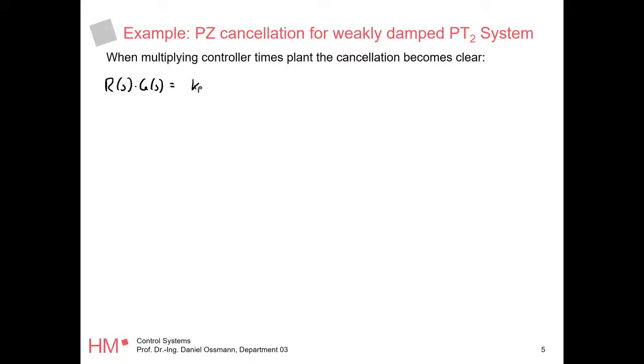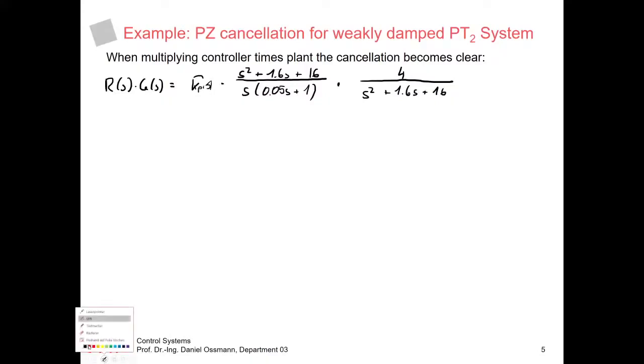We have K_PID times, we said, okay, in the numerator, we simply put the denominator of the system, S squared plus 1.6S plus 16, over S times 0.05S plus 1, times our system, which was 4 over S squared plus 1.6S plus 16. And now we actually can already cancel, right? So we cancel this guy here, we cancel this guy here.